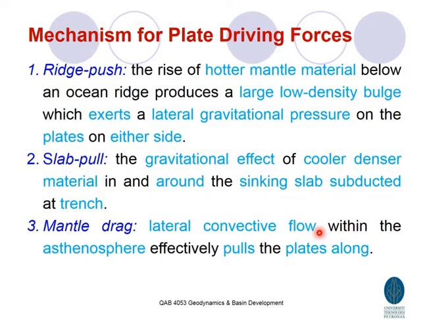Slab pull occurs due to the gravitational effect of cooler, denser material in and around the sinking slab at the trench during subduction. Mantle drag occurs when the lateral convection flow within the asthenosphere beneath the lithosphere effectively pulls the plates along.